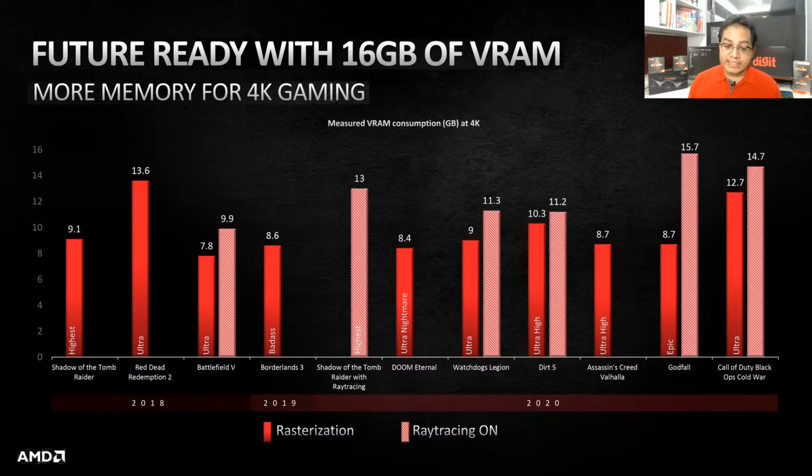And the recently released Godfall video game tends to consume around 15.7 GB of video buffer when running at 4K. So there's something to look forward to. And this is with ray tracing on. So ray tracing coupled with 4K resolution, they do consume quite a lot of memory.